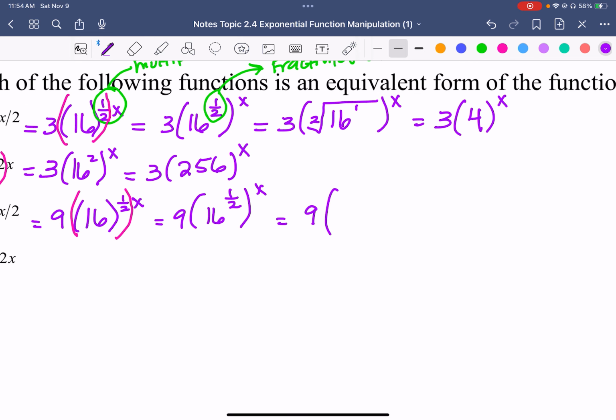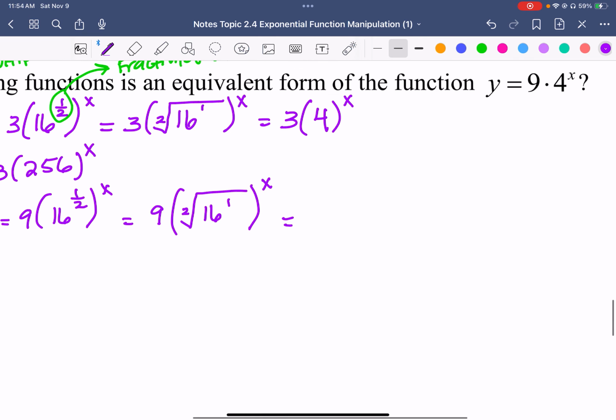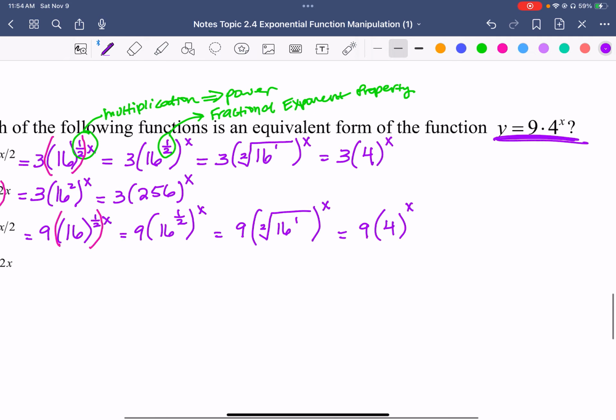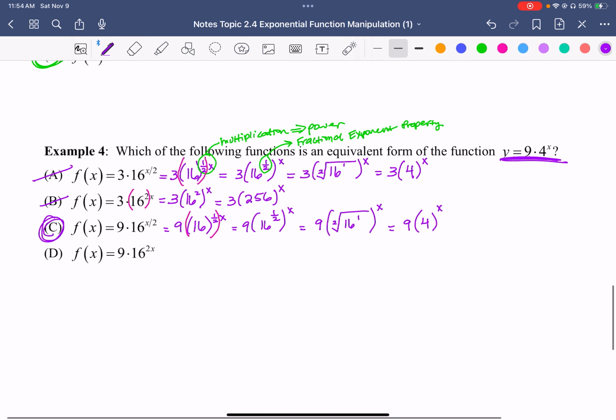I have to use the fractional exponent property again, which says the denominator of the fraction goes as my root. My base is 16. The numerator was 1, and on the outside I'm still raising this to the power of x. We have 9 times the square root of 16 is 4, and then to the power of x. Now this is what we wanted, so that means that C is the correct answer.